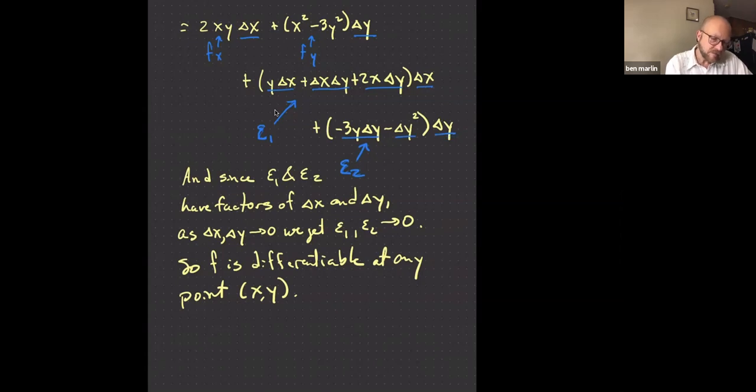So please realize that since this term here and this term here had both a delta x and a delta y, these could have been dumped into the epsilon 1 tray instead of the epsilon 2 tray. Totally a choice on my part.